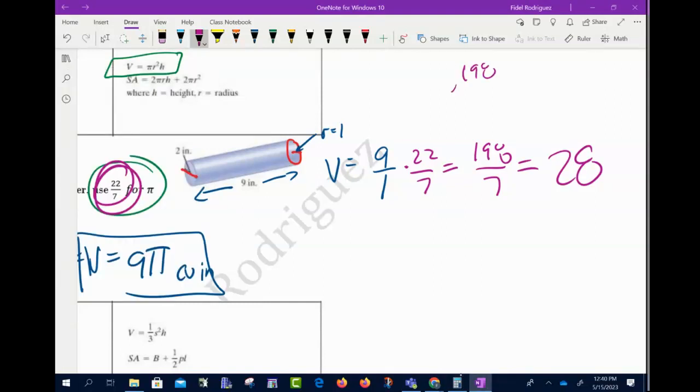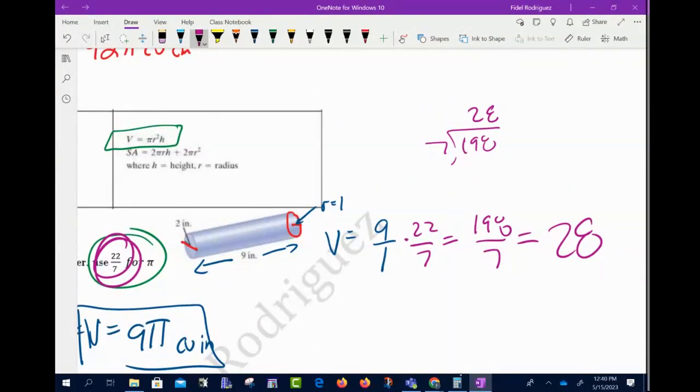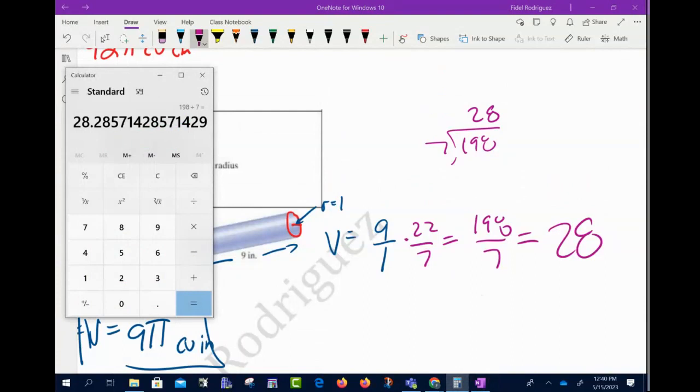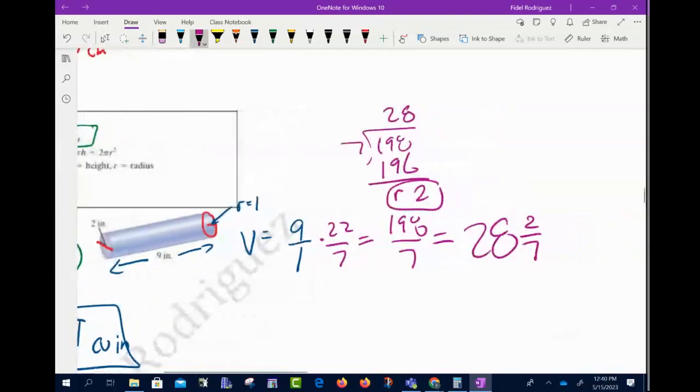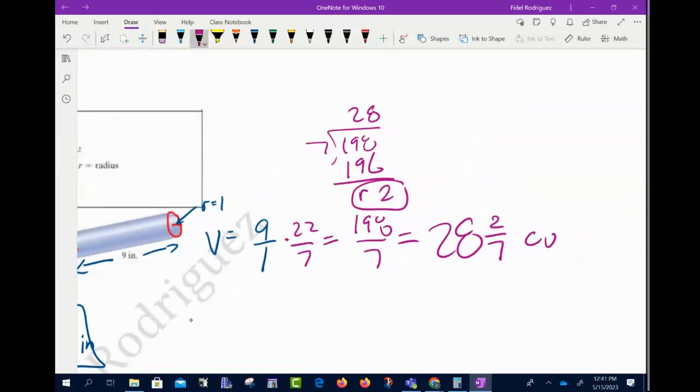We're really dividing 198 by 7. We know it's going to go in 28 times. What is 28 times 7? 196. What is my remainder? 2. So wouldn't I write this as 2 over 7 cubic inches?